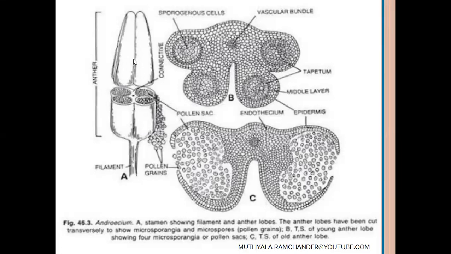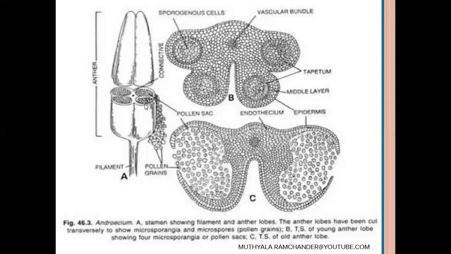In total, in a dithecous anther, 2 lobes are present. In each lobe, 2 microsporangium chambers are present. Total 4 microsporangium chambers are present in dithecous anthers. From these microsporangium chambers, pollen grains are developed, called microsporogenesis.